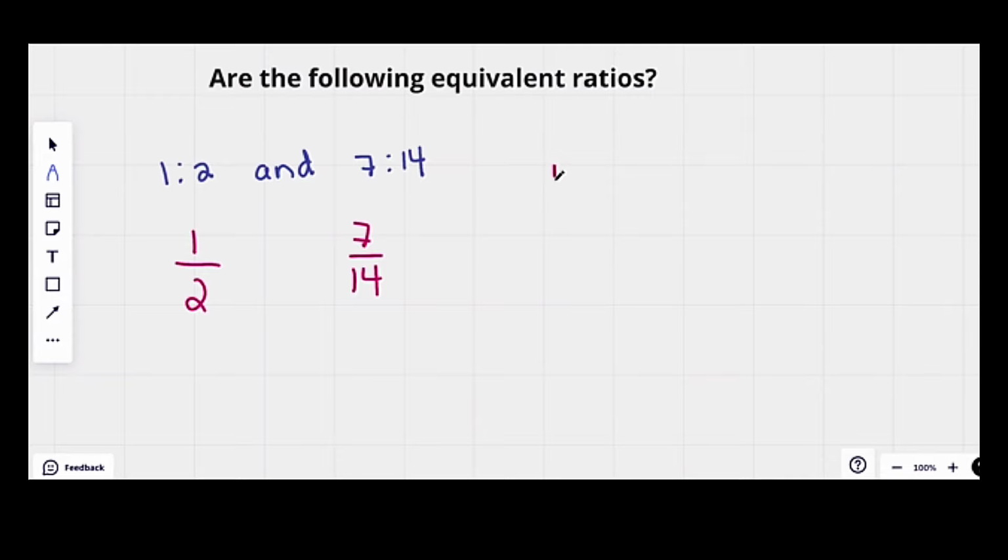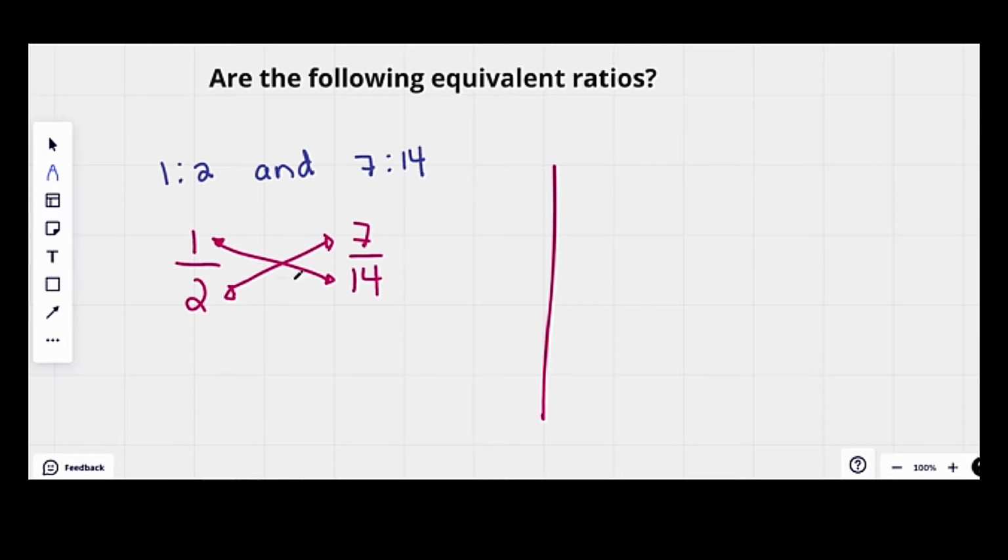I'm going to separate our page here so that we show the other way on the other side. Okay, so what we're going to do is multiply this by this, and then multiply this by this. So we're cross multiplying. If we get the same result on both, then the fractions or the ratios are equivalent.